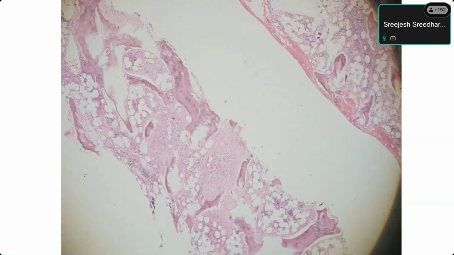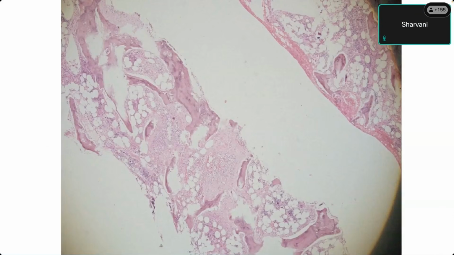So again, somebody, I think Sharavanan, should describe this case. Sir, it shows focal osteolysis of bony trabeculae. Okay, yes, bony trabeculae very irregular and thinned out, correct? Yes, sir.